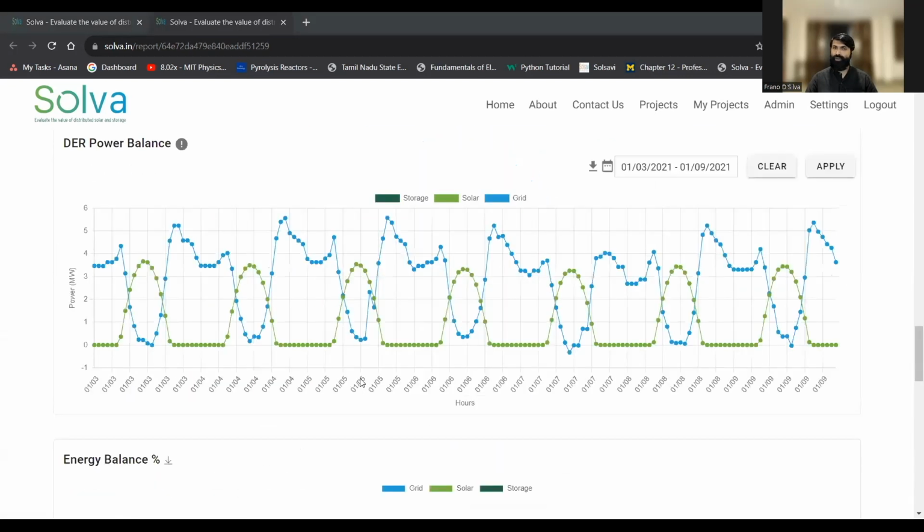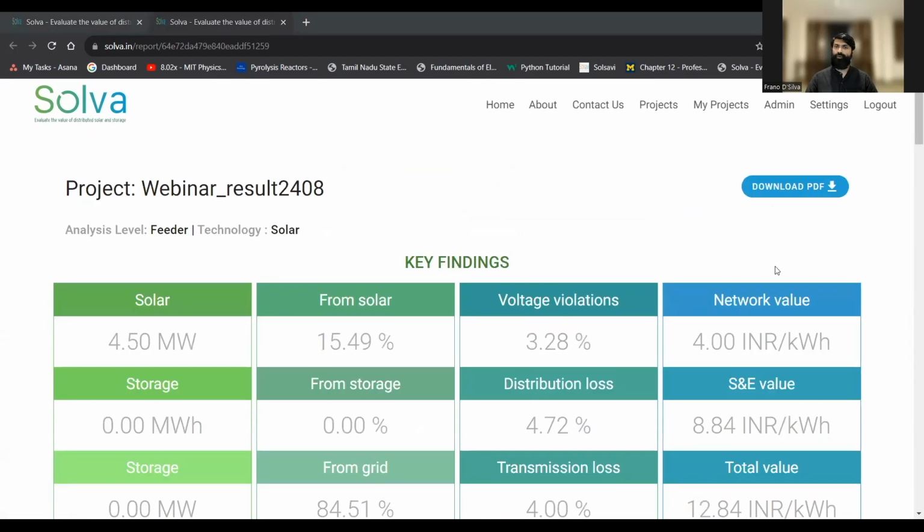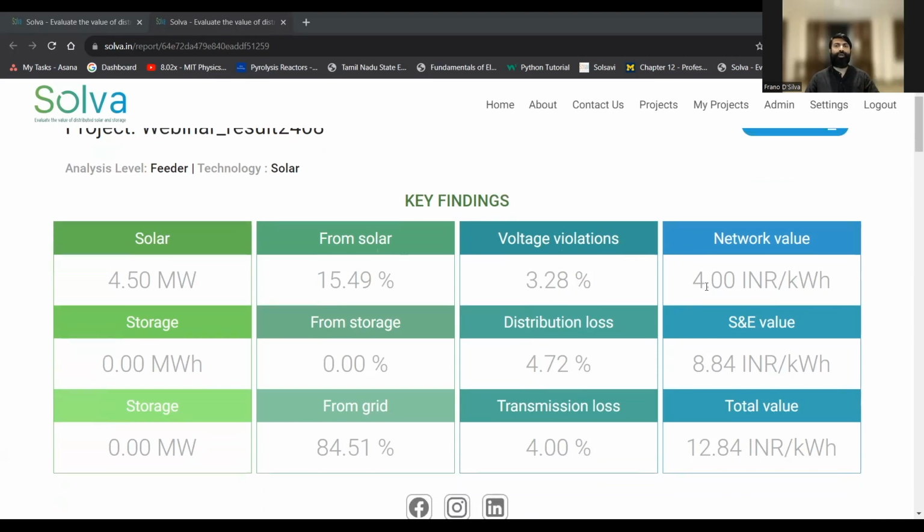You can download this report with the download option on the top and further compare it with other simulations or other analyses that you have carried out for the same feeder or for a different feeder. As we give a per unit cost, the comparison becomes quite straightforward, and then we can take into consideration what upgradation or what capacity of DER can be integrated at that particular analysis level.